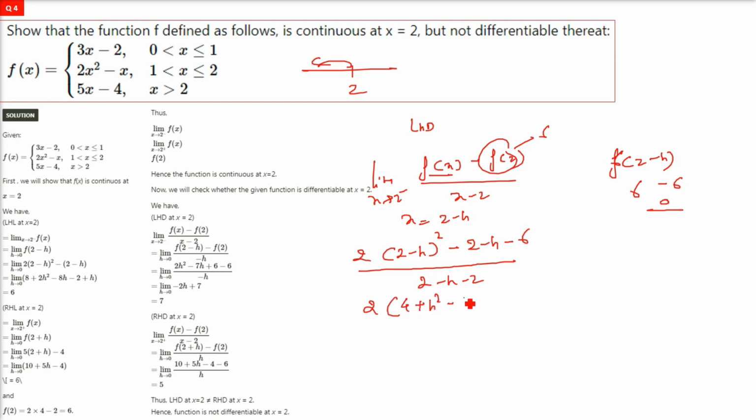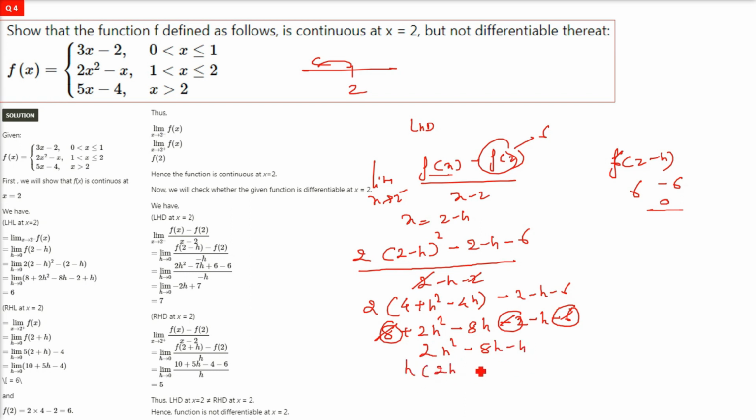So what do you get in the numerator? I'm just opening it, (a minus b) whole square. And then this is minus (2 minus h) minus 6. Just open this. And the denominator is negative h. So 8 plus 2h square minus 8h minus 2 minus h minus 6. Now what do you see here? 8 is there, minus 2 is there, minus 6 is there. So 8 minus 8 is 0. So all these 3 will vanish. You will get 2h square minus 8h minus h. Now take h common from here.